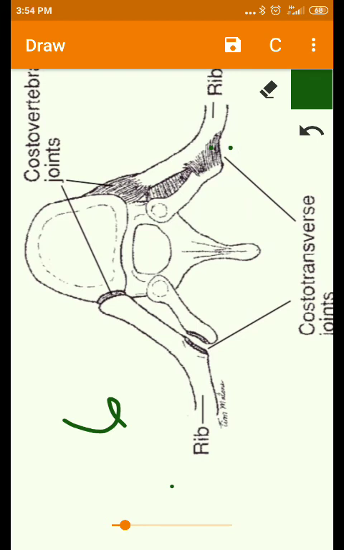Those pump handle movements and bucket handle movements we will see in the next video, but just make a note of it here. These upper 6 ribs permit rotation of the rib.